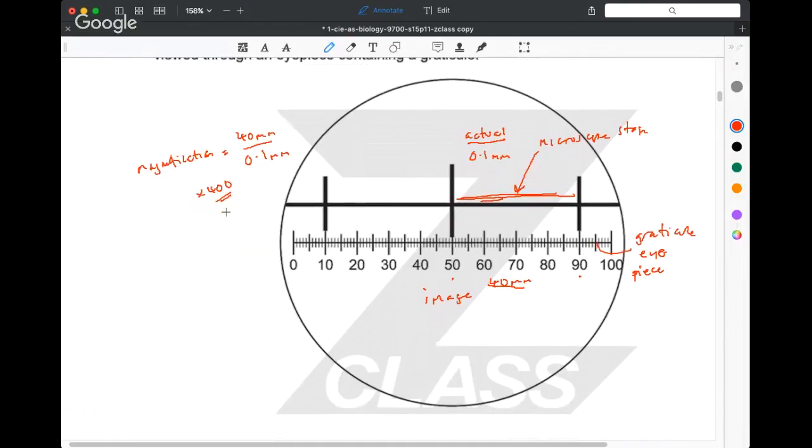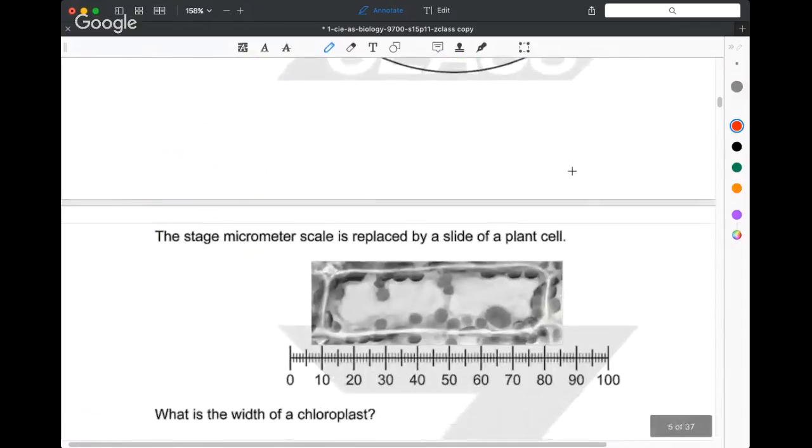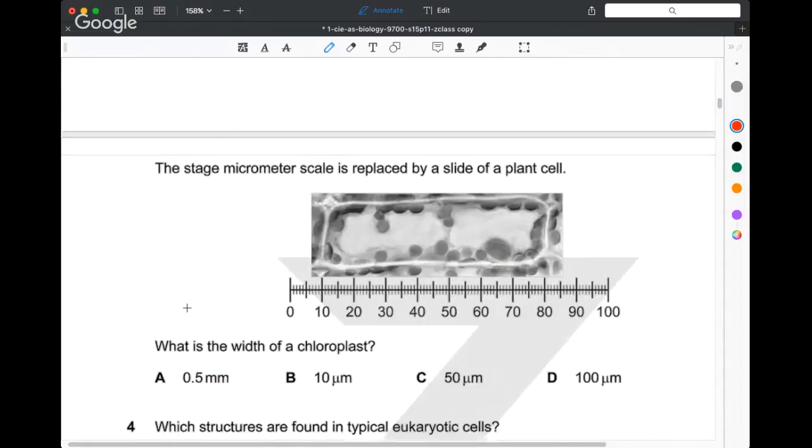Now, once the magnification has been determined, we swap out what was on the microscope stage, these divisions here, and instead put on the microscope stage the sample of interest. You can see that it's here. And we want to measure the width of the chloroplast. You can see the plants are here, the chloroplasts. And, well, they're all pretty uniform in size.